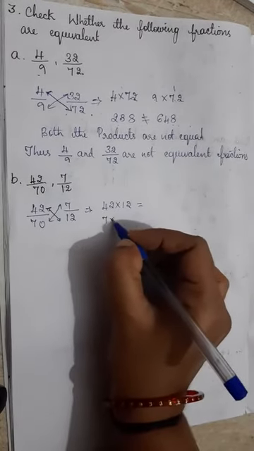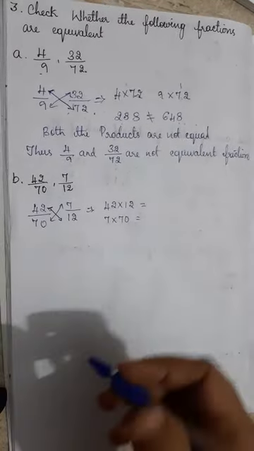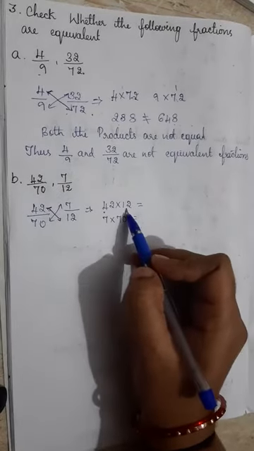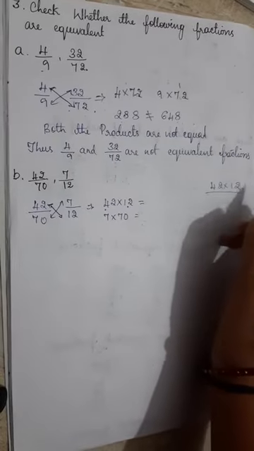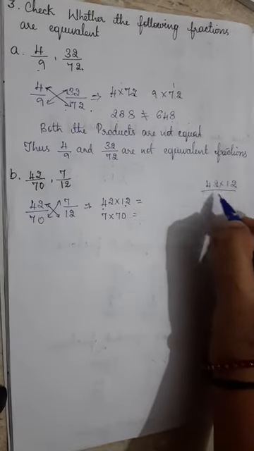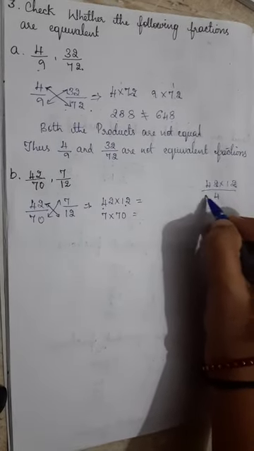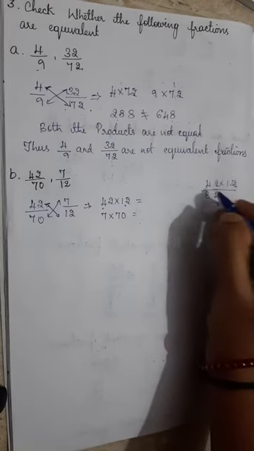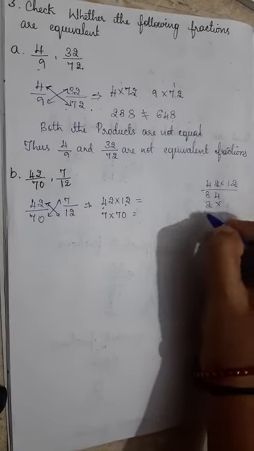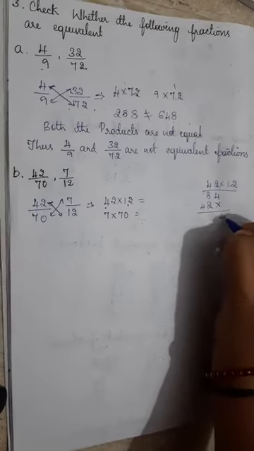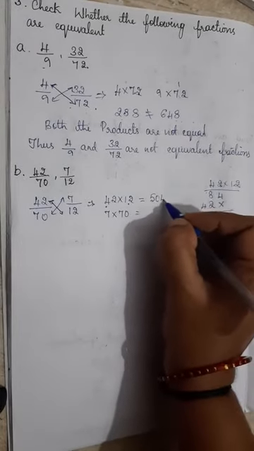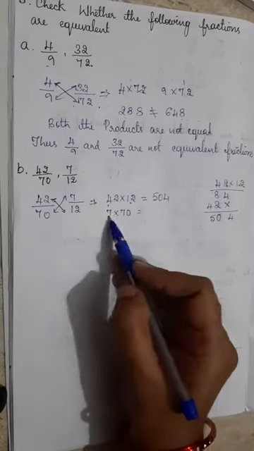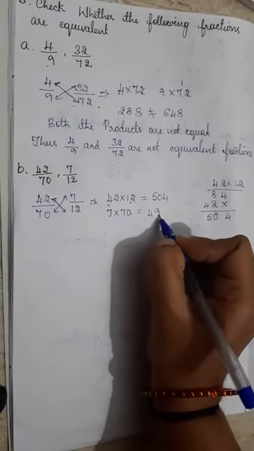Then 7 into 70. So multiply 42 into 12. If you want, you can do it on the side, or those who know can do it directly. 2 2s are 4, 2 4s are 8. Now 1 2 is 2, 1 4 is 4. So how much did you get? 504. Now 7 7s are 49, 0.